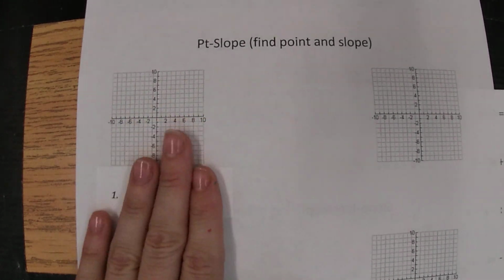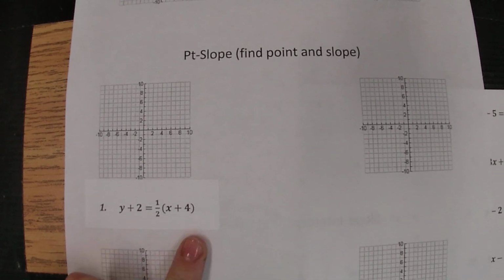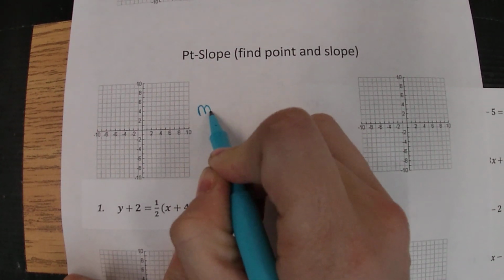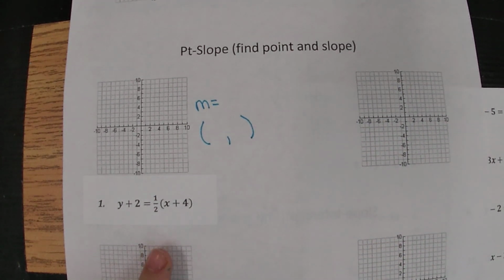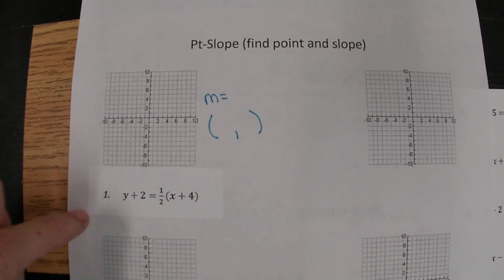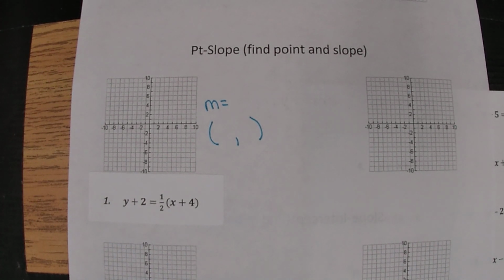Once you have it underneath the graph, you are then going to graph it. So in point slope form, you would be finding what your m equals and what your point equals. Notice, class, I'm telling you number 1 is in point slope form, so you better get that one at least started in the correct location.